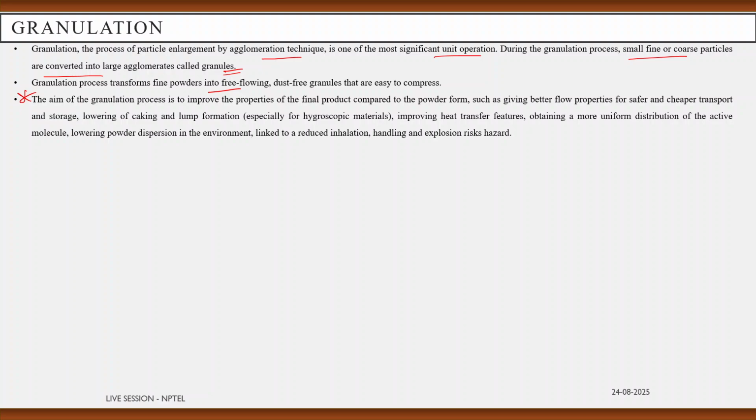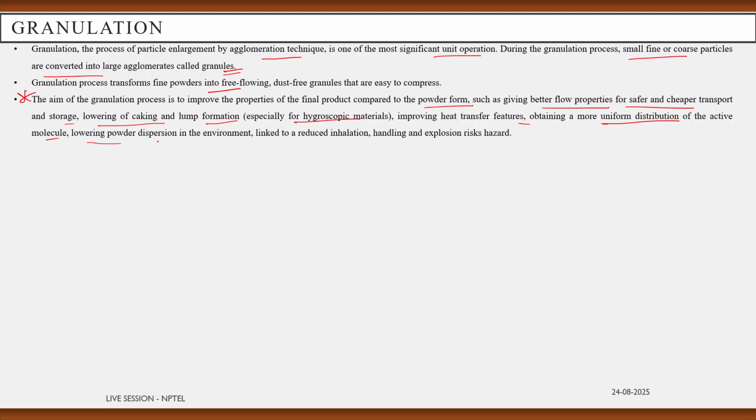The aim of the granulation process is to improve the properties of the final product compared to the powder form, as it gives better flow properties and safer and cheaper transport and storage. It also lowers cake and lump formation, especially for any kind of hygroscopic material. It also improves the heat transfer features, obtaining a more uniform distribution of the active molecules.